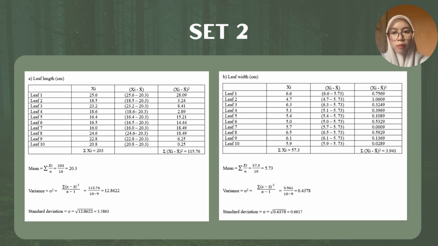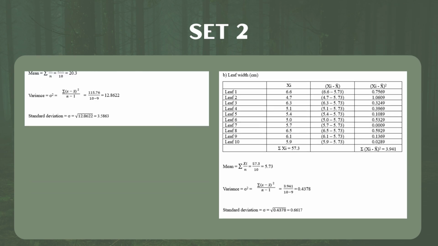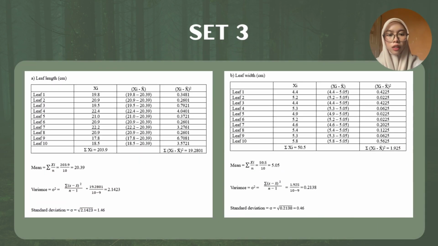For the leaf width, mean 5.73, variance 0.4378, standard deviation 0.6617. For the last set, mean for leaf length 20.39, variance 2.1423, standard deviation 1.46. Leaf width, mean 5.05, variance 0.2138, standard deviation 0.46.